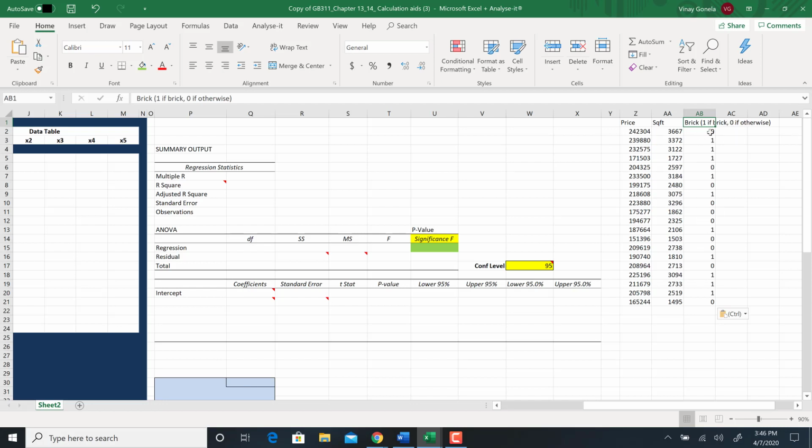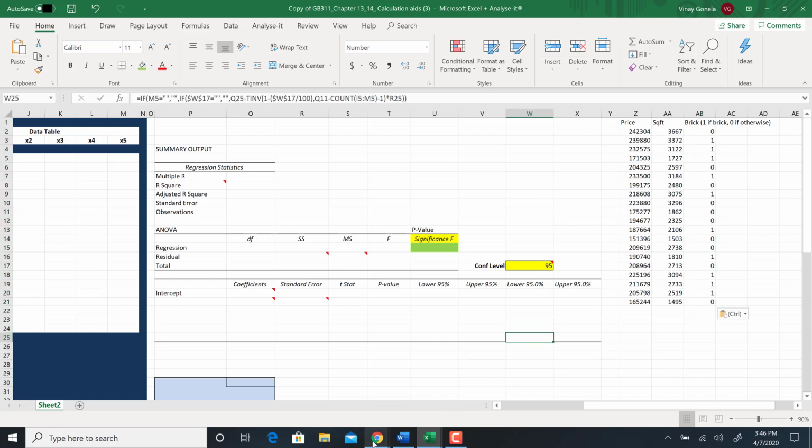So the thing is, because you have two classes, we will introduce only one variable here. So usually in this course, you will have only two factors, two classes, and you will use only one variable. So the price is your y, square feet is your quantitative x, and brick is your indicator variable.